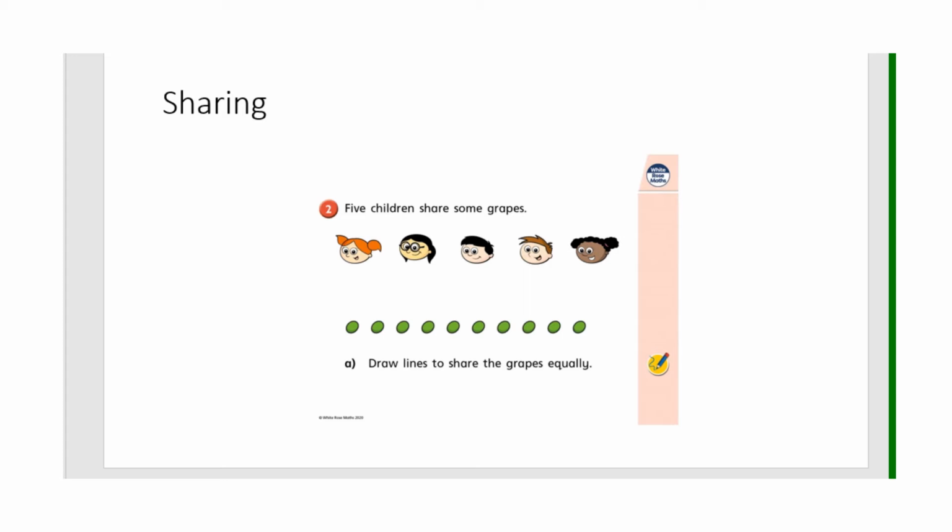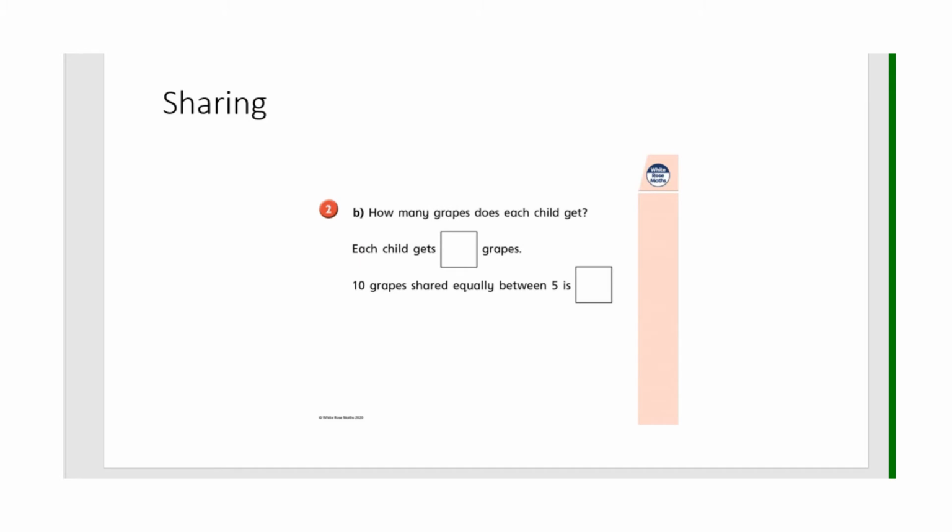So 1 for you, 1 for you, until all 10 are shared. That's correct. How many grapes does each child get? They get 2 grapes because we've shared them equally. 10 grapes shared equally between 5 is 2.